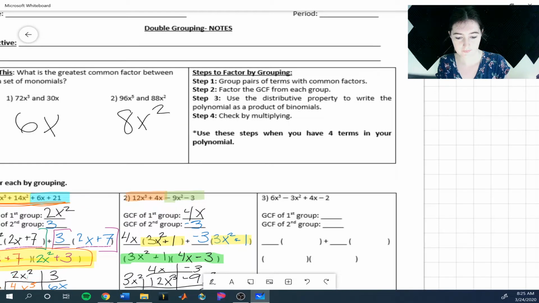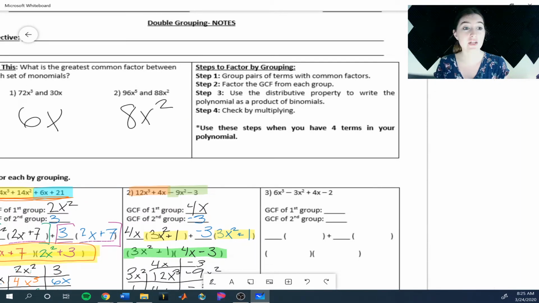All right, so the first thing we're going to do is group pairs of terms with common factors. So we put our groups together, just like we were doing yesterday, and then we factor out the GCF from each group. We take the factor of both sides, put it out in front, and then use the distributive property to write the polynomial as a product of binomials.